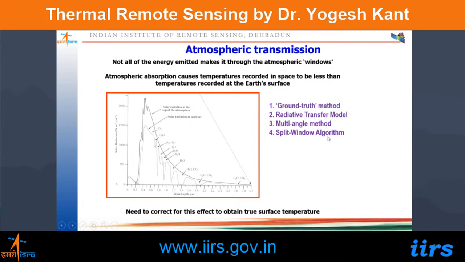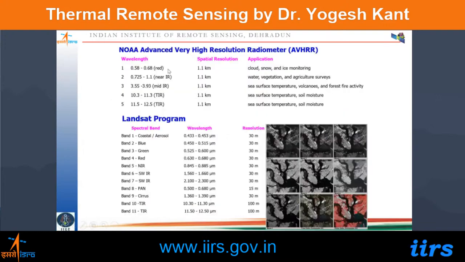These are some examples of satellite sensors which, apart from visible infrared, also have thermal infrared. This is NOAA AVHRR, Advanced Very High Resolution Radiometer, which has two thermal channels. Two thermal channels means one channel will give you one brightness temperature, another will give you another brightness temperature. So T1 and T2.